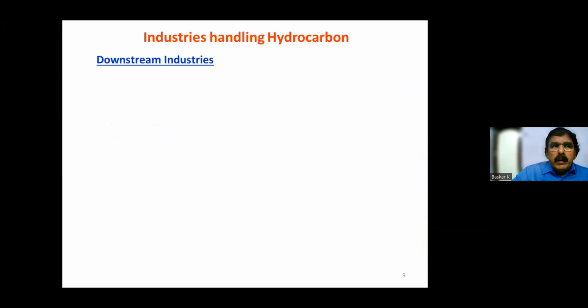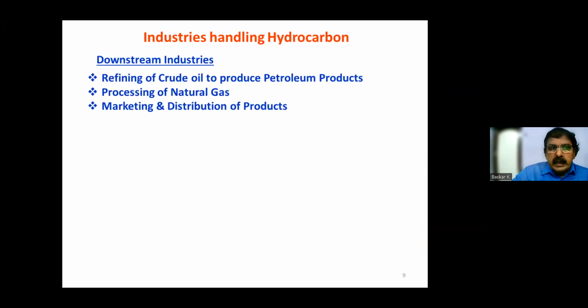Now we come to our downstream industries, where refineries are categorized. Refining of crude oil to produce petroleum products, then processing of natural gas, then marketing and distribution of petroleum products. See what happens, once the crude oil is processed and products are produced, then it has to be transported to the end user.